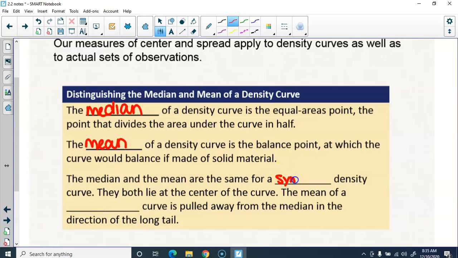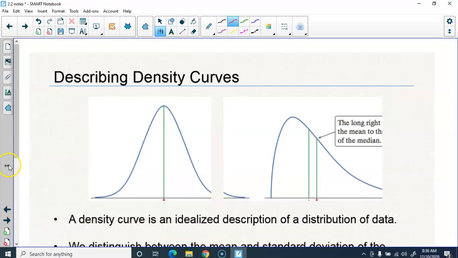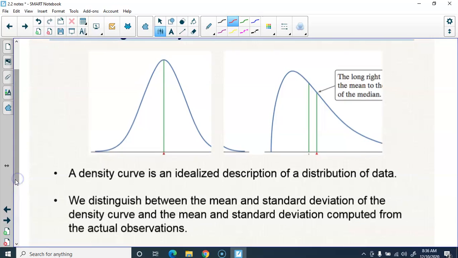For a symmetric density curve, the mean and the median are actually the same point. The mean of a skewed curve is pulled away from the median in the direction of the long tail. And what that looks like here, your pictures should hopefully be complete in your notes there.